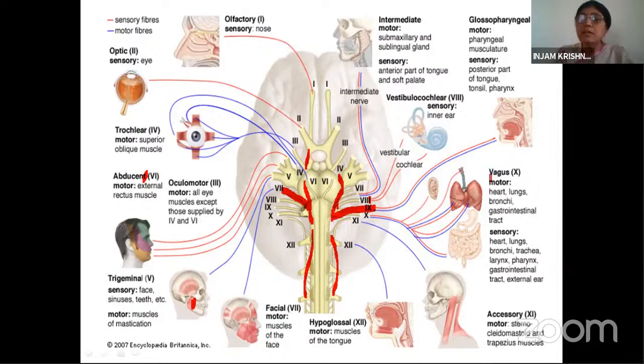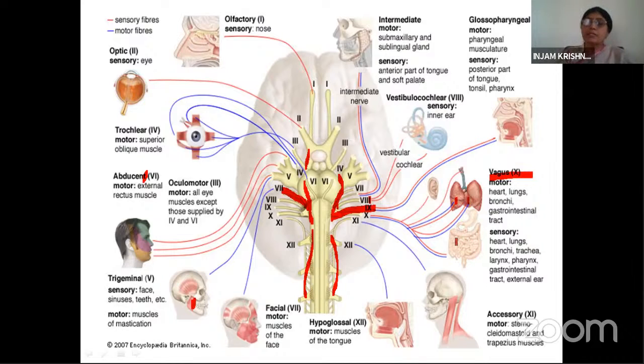Next, the 10th one is vagus. This is an important nerve. It is a mixed nerve, an important cranial nerve. It has so many functions. Already you might have heard of it, the vagus nerve. It is a mixed one. The motor nerves arise from the heart, lungs and gastrointestinal tract, GIT.